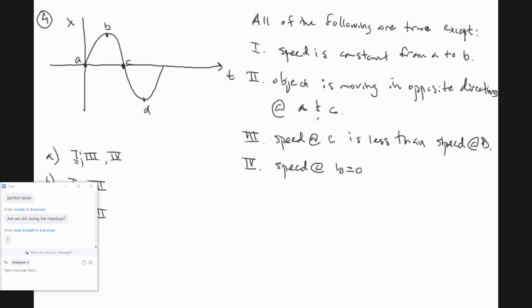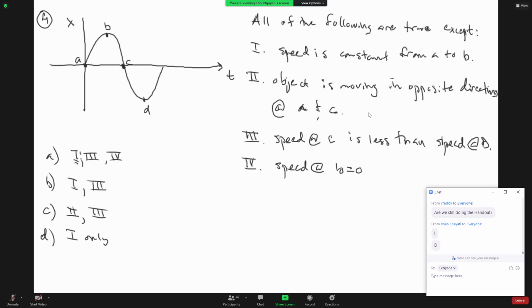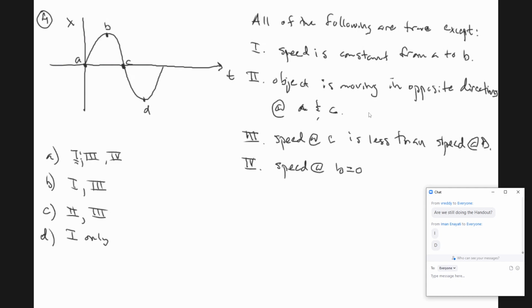D, 1 only. So all the following are true except: speed is constant from A to B. Object is moving in opposite directions at A and C. Speed at C is less than speed at D. Speed at B is equal to 0.